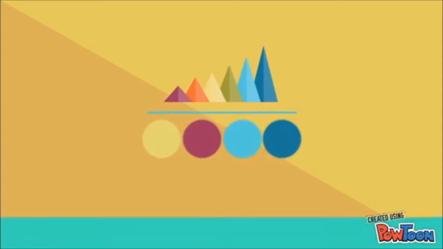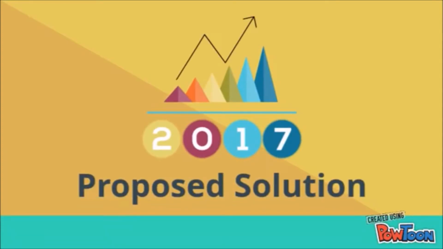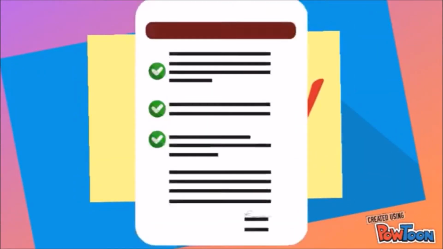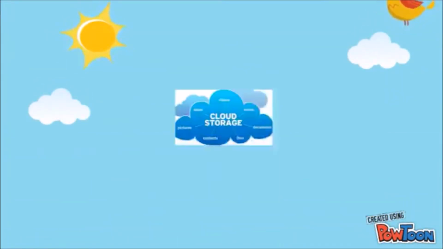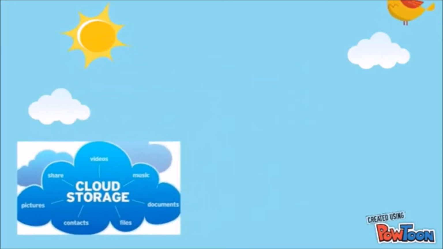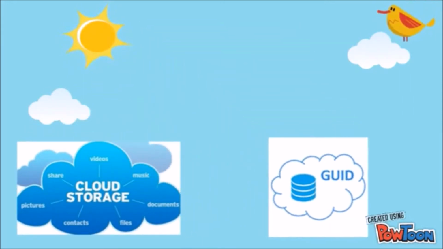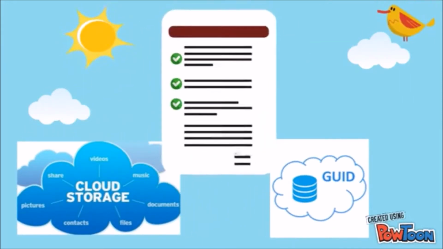To better enhance the security, a solution is proposed. The proposed solution will be adding another layer of security on top of the digital signature to secure the information carried by the QR code. In short, an additional cloud storage is implemented by using the concept of Globally Unique Identifier, GUID, to store the information.